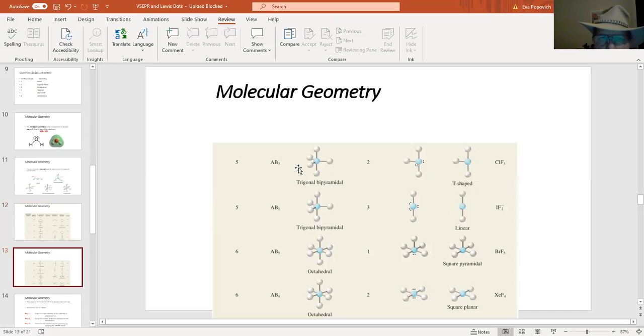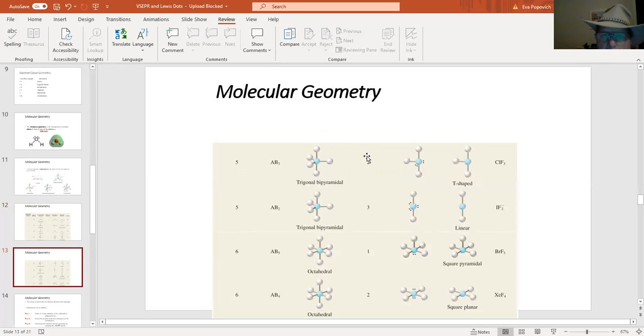If I take a second atom away from a trigonal bipyramid electron geometry, all that's left is the up and down atoms and the one that's shooting off to the side. So in this case, I'm going to have a T-shaped atom.